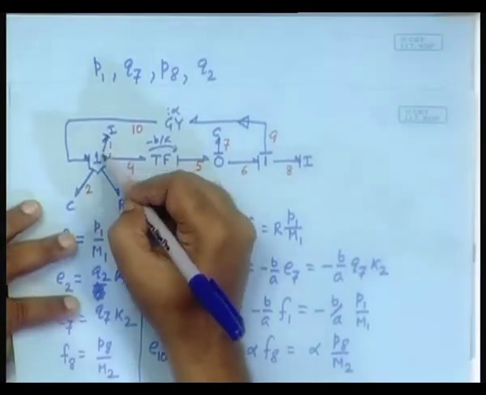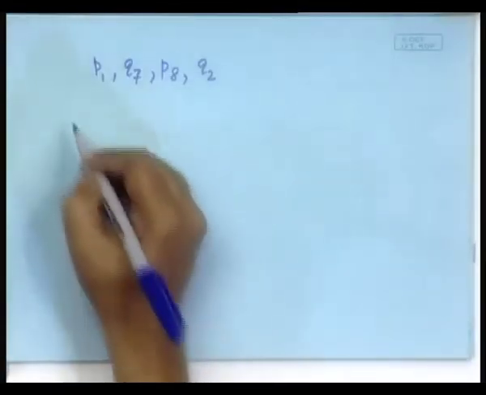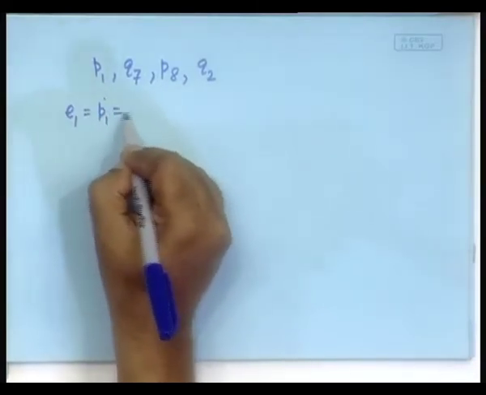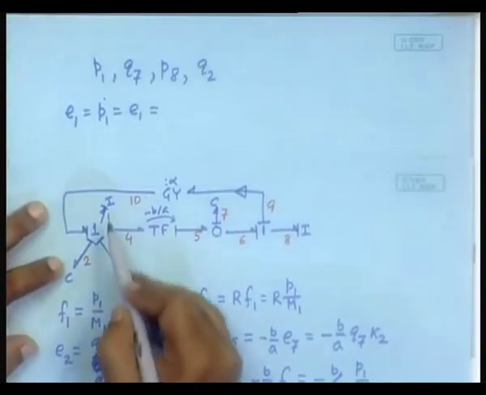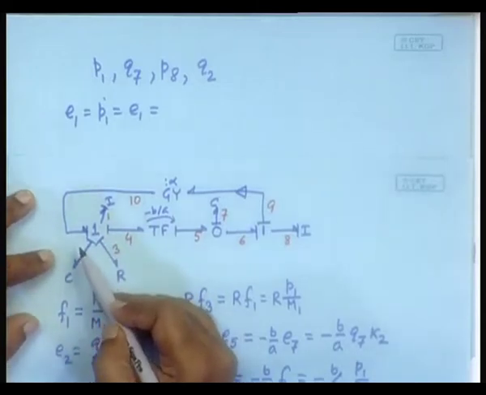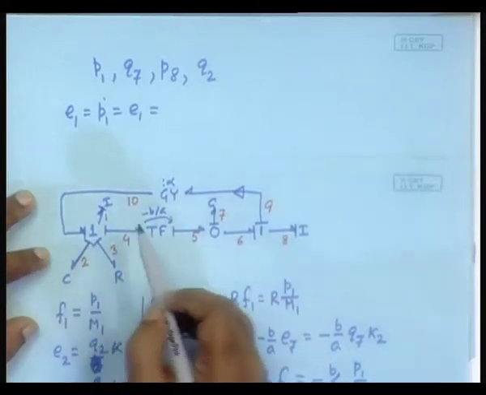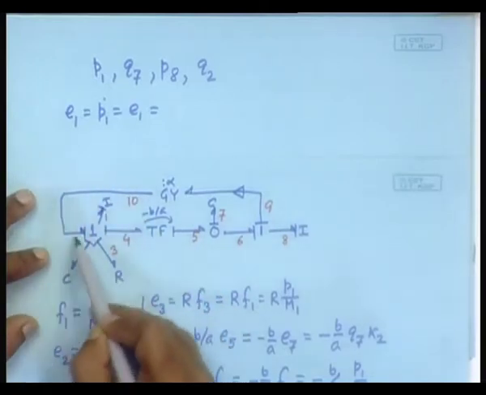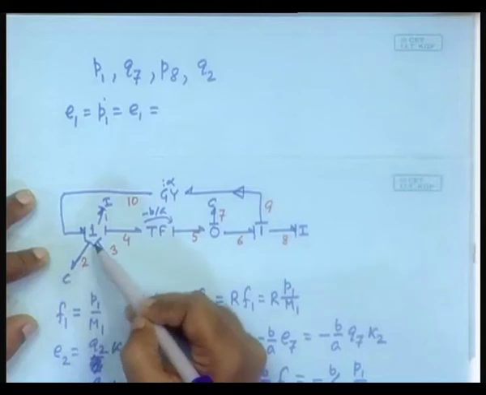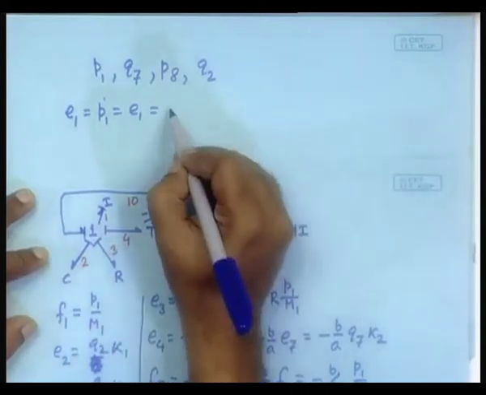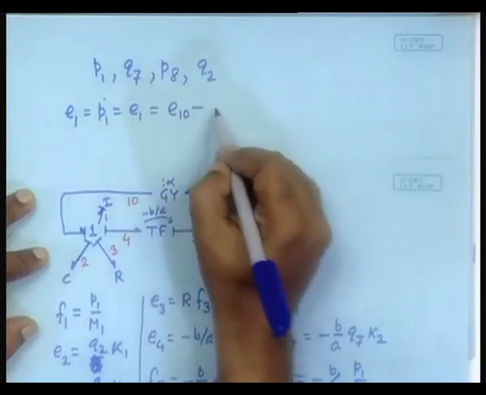P1, what does it receive from the system? E1. P1 dot is equal to E1, and E1 comes from a summation of all this. So, we will write it as a summation. Notice now we have to do the power derivations correctly. E10 minus E2 minus E3 minus E4, right.